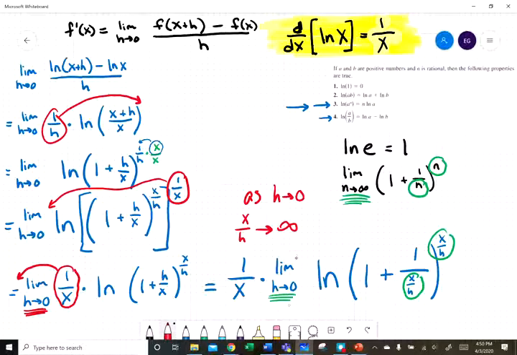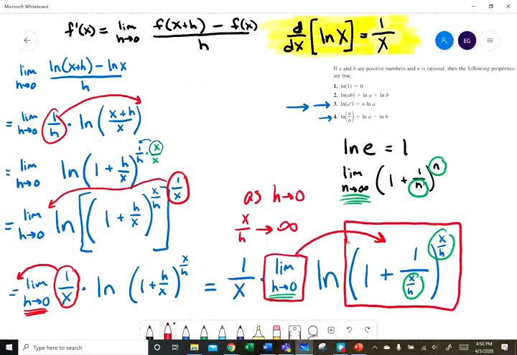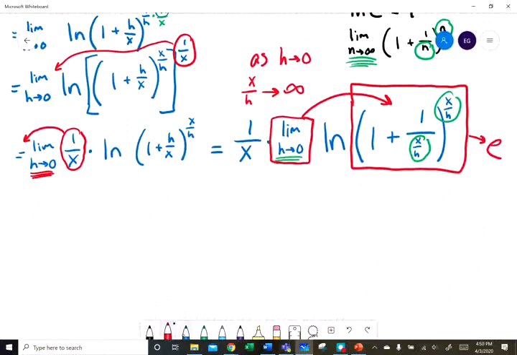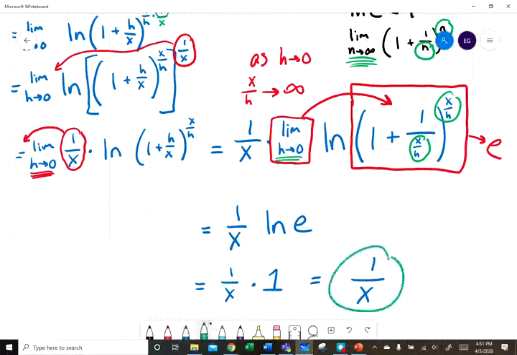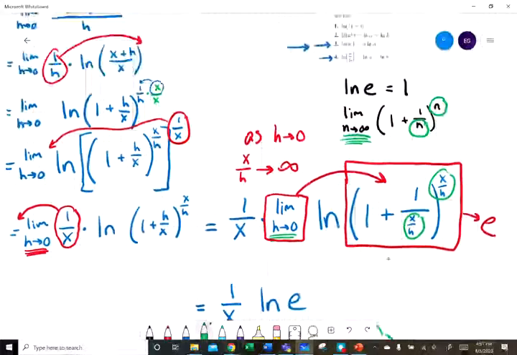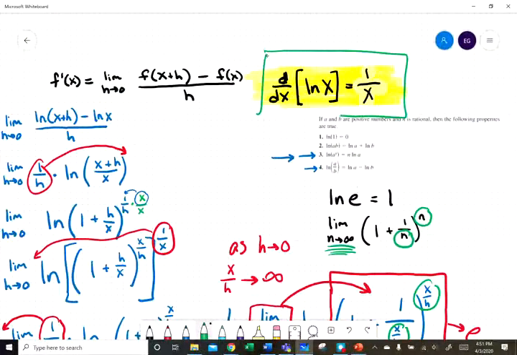So when we apply the limit to the argument of the natural logarithm, this is the definition of the number e. So this goes to e, and what we have finally is 1 over x times the natural log of e, which is 1 over x times 1, or 1 over x. And there is our proof that the derivative of the natural log function is 1 over x.